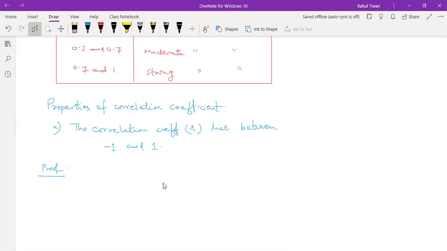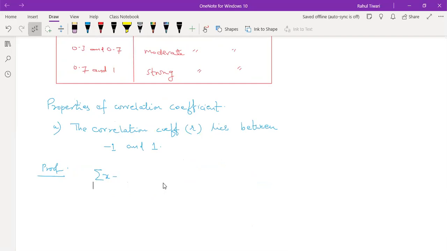Maybe you know this inequality, that summation x minus x bar... Or I will just give the name of this first, whether you know this name or not.